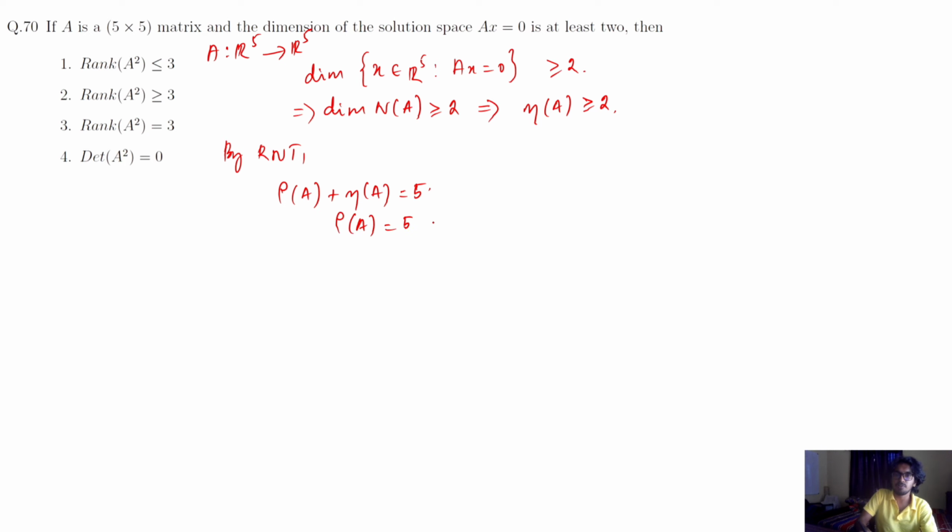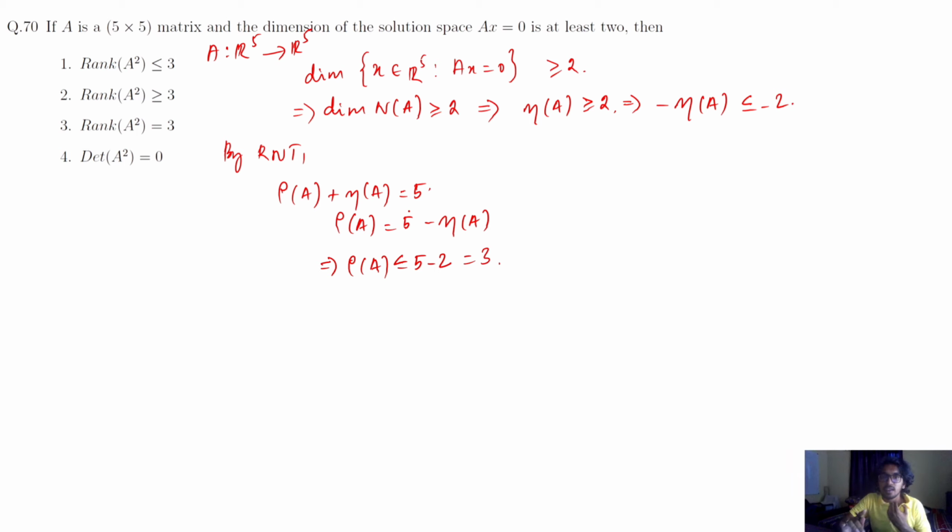It is 5 minus nullity of A. We have nullity of A bigger than or equal to 2, therefore minus nullity of A is smaller than or equal to minus 2. Therefore, rank of A is smaller than or equal to 5 minus 2, which is 3. But in the options, they are asking for rank of A squared.